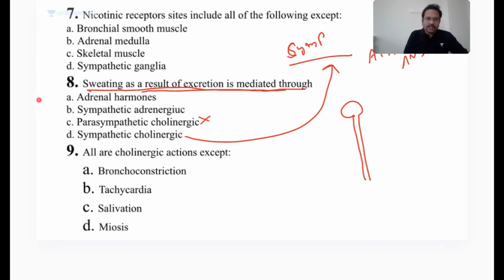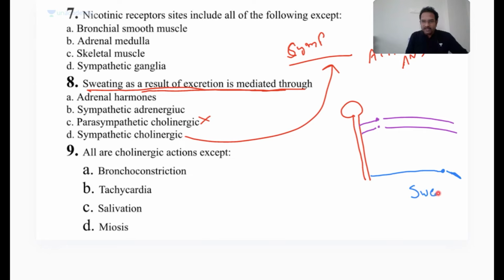What is the anatomy here? Take the example of a sympathetic nervous system: you have a short preganglionic neuron and a long postganglionic neuron. Whereas in case of the parasympathetic system, you have a long preganglionic neuron and a short postganglionic neuron.